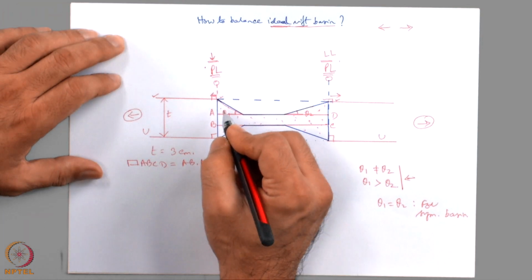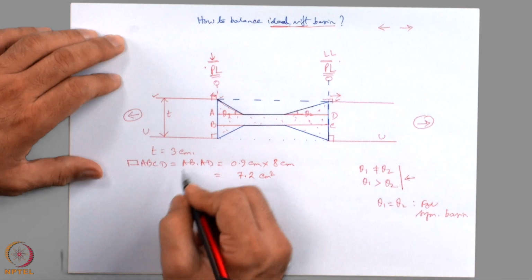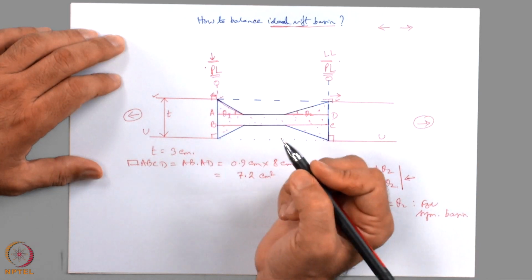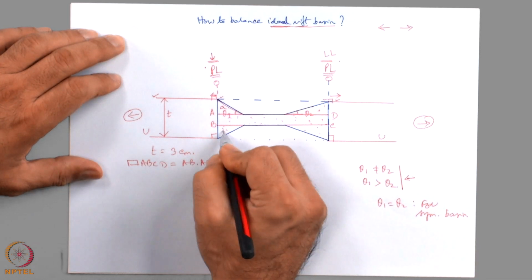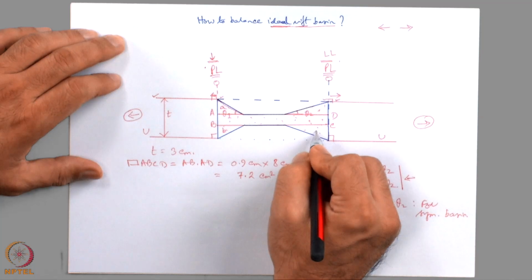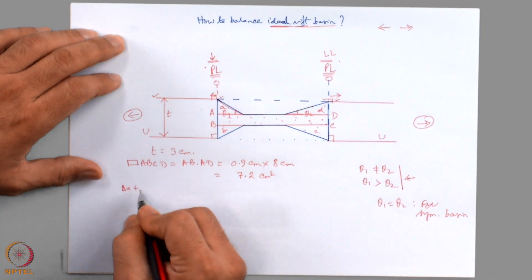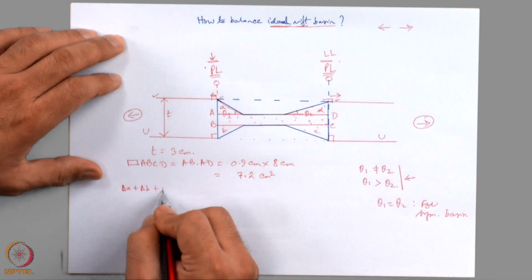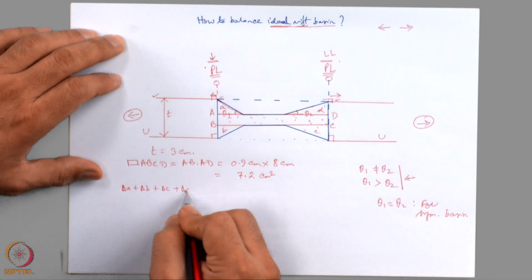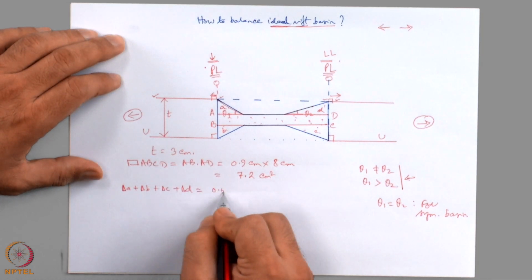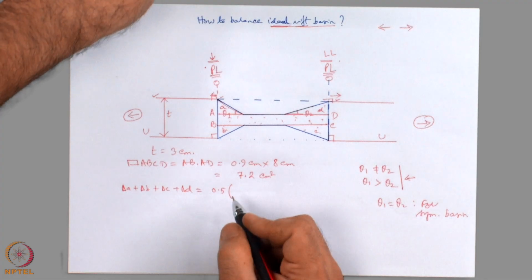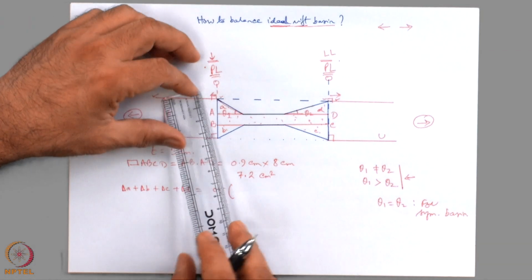I have to find out the area of the 4 triangles. Let us call this triangle small a, this triangle small b, this triangle small c, and this triangle small d. The areas of triangle small a, b, c and d are half multiplied by base into altitude, that is to be summed up.